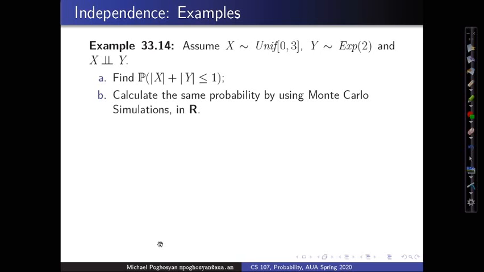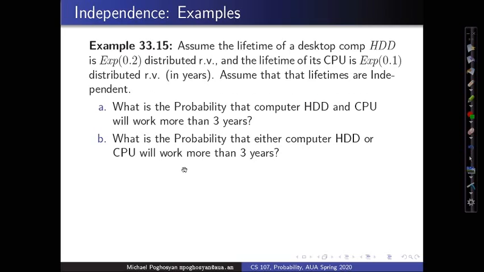Okay, let's move back to our problem. The next one is, assume that the lifetime of a desktop computer's HDD is an exponentially distributed random variable with parameter 0.2, and the lifetime of the CPU is an exponential 0.1 distributed random variable, in years.